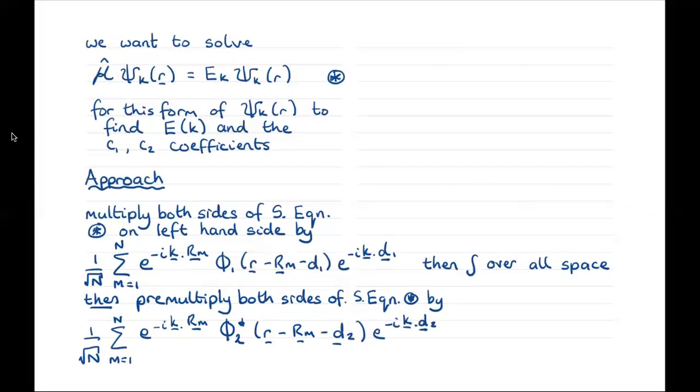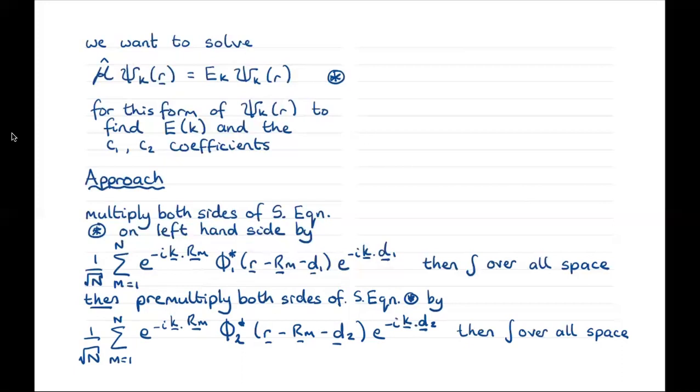Sorry, I forgot to put my complex conjugate sign up here. The wave function that we pre-multiply by is the complex conjugate. And then again, we'll integrate over all space and do a lot of simplification and get another equation.